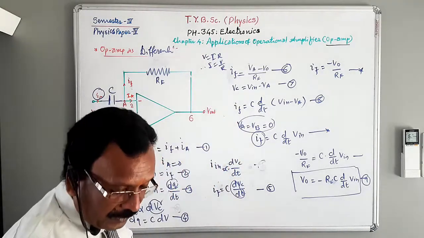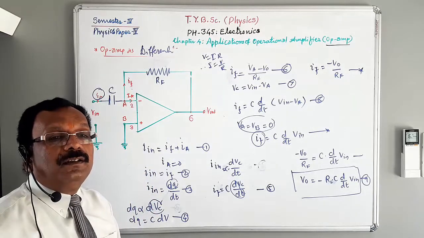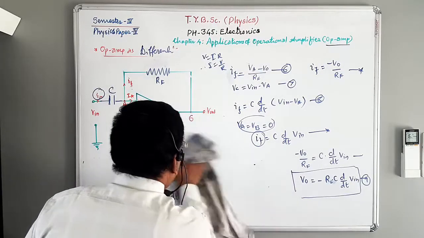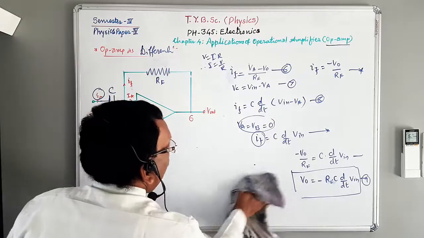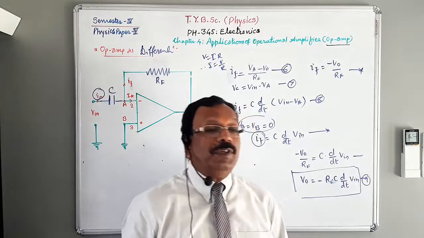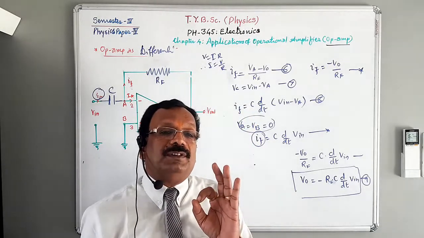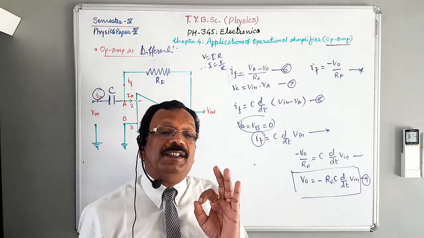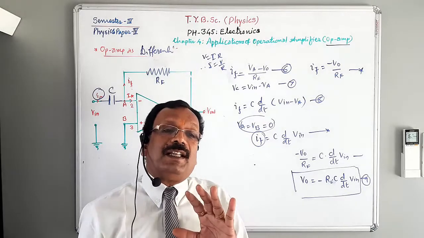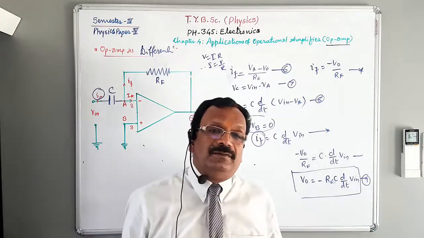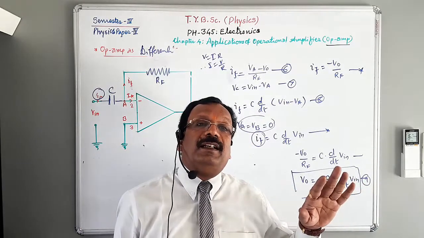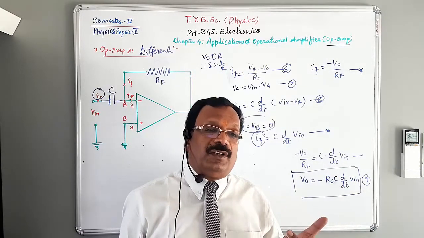And here we also have to see the input and output waveforms. What will be the relation between input and output? Before looking at this, we should know that, as I told you a few minutes ago, since the differentiator performs the reverse of the integration function, integration and differentiation are opposite to each other.